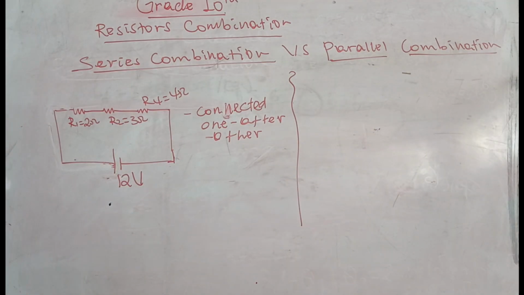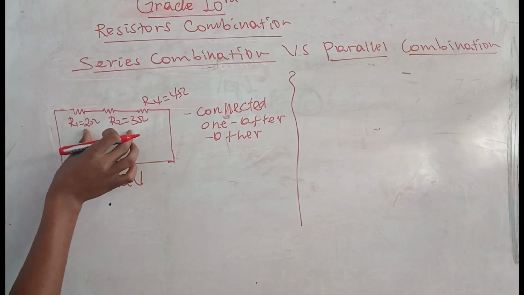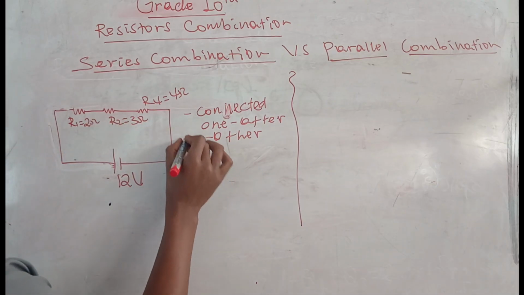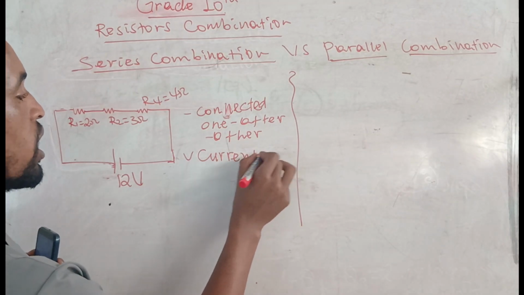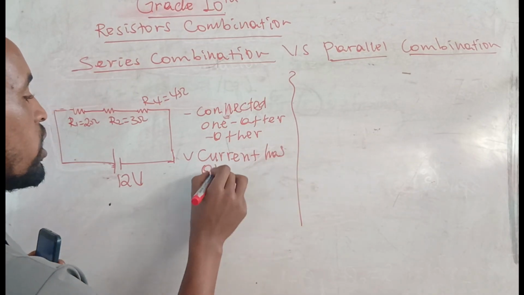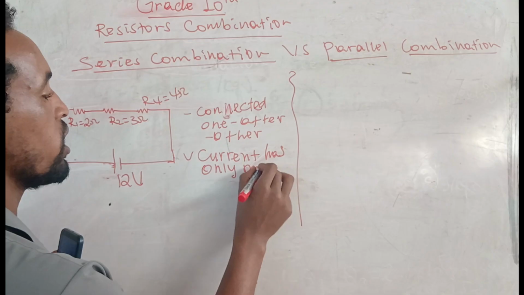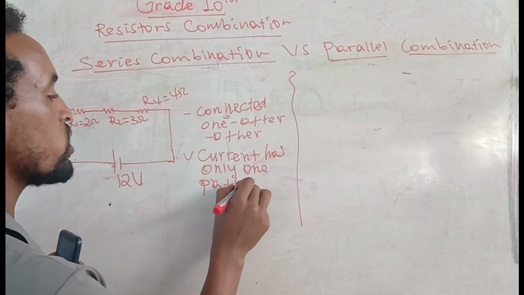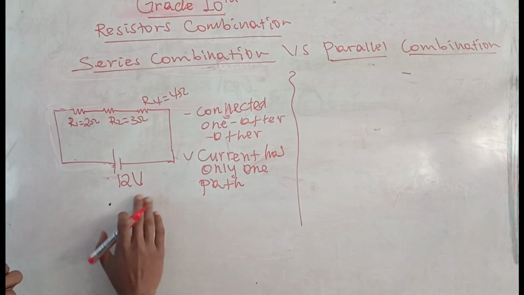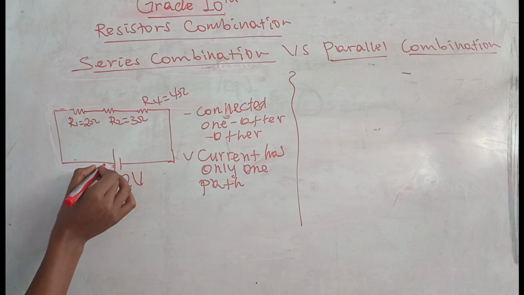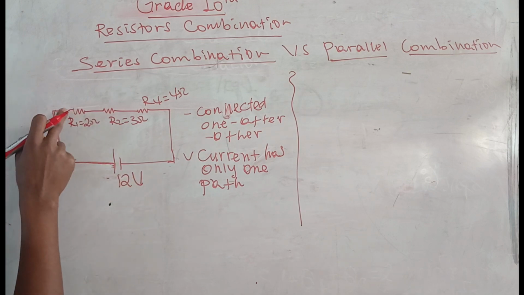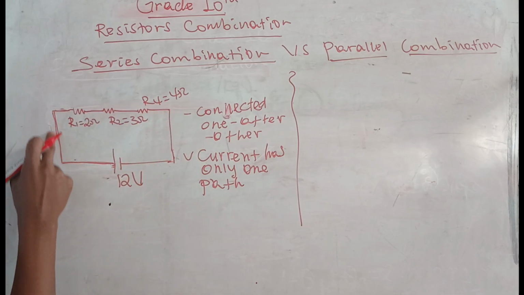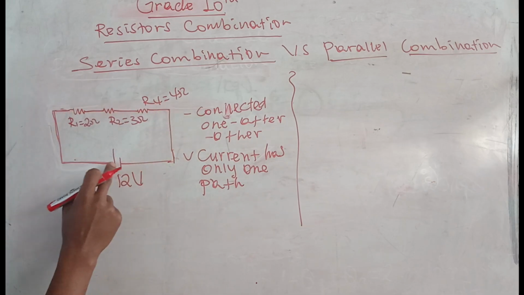The other thing that we know about a series combination is that the current has only one path to flow. It has no alternative path.